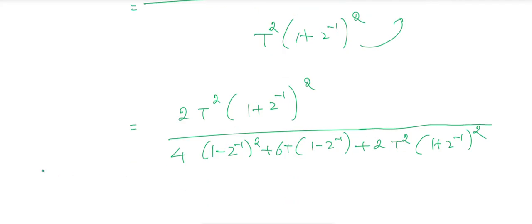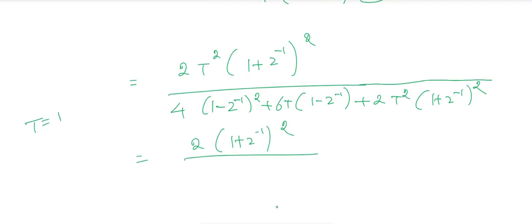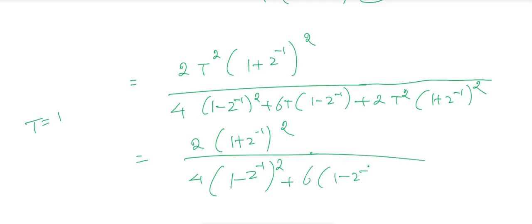So when you apply t is equal to 1, you will get 2 into 1 plus z inverse square divided by 4 into 1 minus z inverse square plus 6 into 1 minus z inverse plus 2 into 1 plus z inverse square.